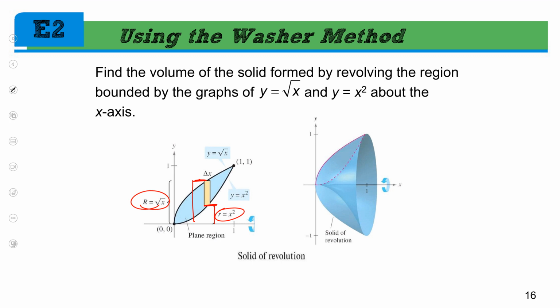And then the functions come from the functions themselves. The higher limit is hitting the function square root of x, the bottom function is hitting the function x squared. And then delta x, again, big fat rectangle, but I'm not going to use a big fat rectangle. I'm going to let that shrink down to really tiny, so that becomes dx.